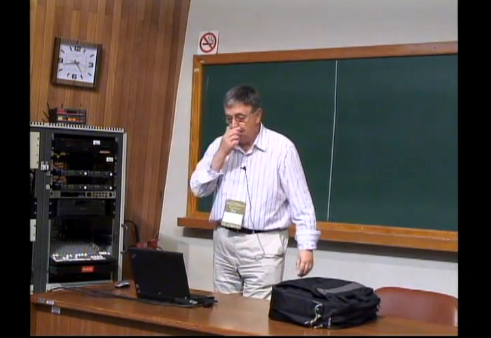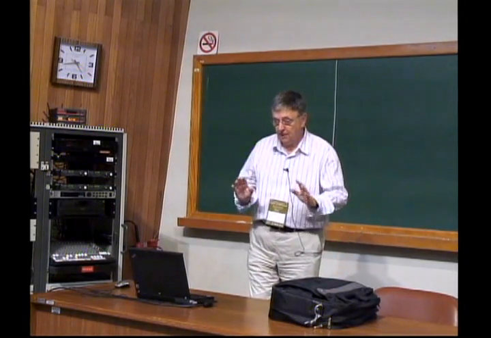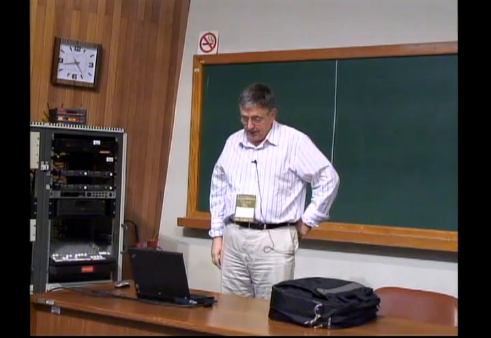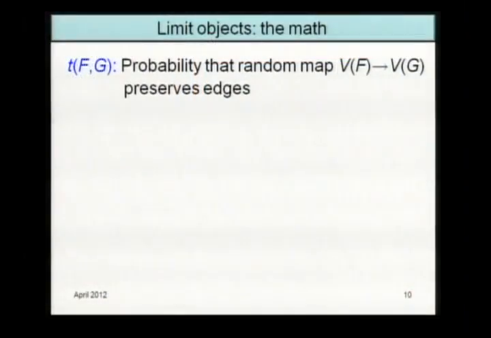So let me now give you a little bit of the math of this limit theory. I denote by t(F,G) the probability that if you take a random map from the vertex set of F to the vertex set of G, then all the edges are preserved. So this is kind of the density of F in G. If it's a triangle, then you get exactly the triangle density.